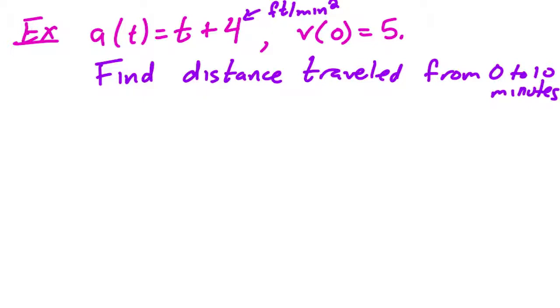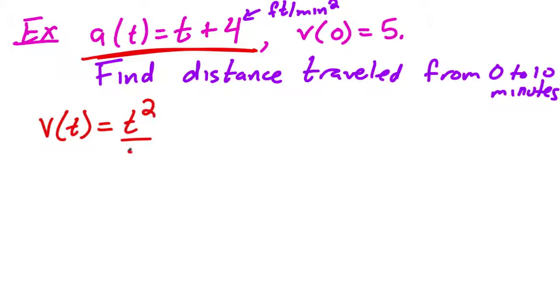Okay. All right, now to find the distance traveled, notice that you have the acceleration here, and you can't find the distance traveled just with the acceleration. But we can do something similar to what we did when we first learned antiderivatives: if we have the acceleration function, we can find the velocity function. So the velocity function is the antiderivative of the acceleration, which would be t squared over 2 plus 4t plus c.